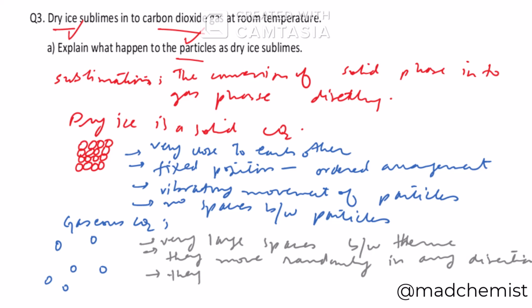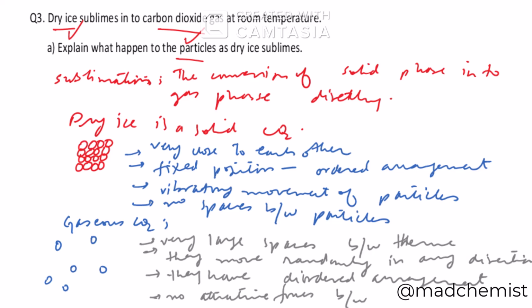They have disordered arrangement. There are no attractive forces between particles. So this is the change that happens when dry ice converts into gaseous carbon dioxide. So you will explain these changes very precisely in 2 to 3 lines.